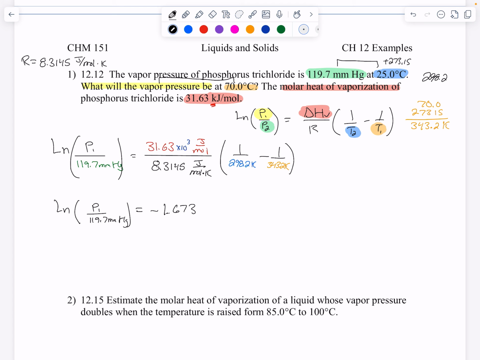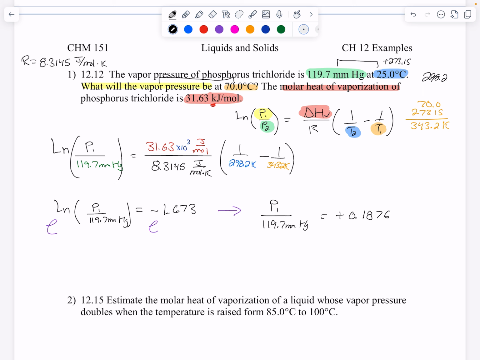What do we do now? Well, we have to raise both sides to E, because natural log and E cancel. Then I have P1 over 119.7 millimeters of mercury equals, now positive, 0.1876.